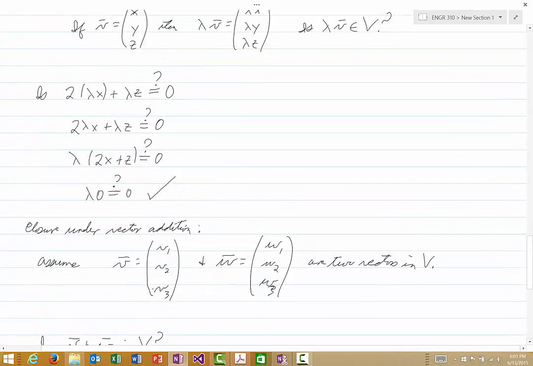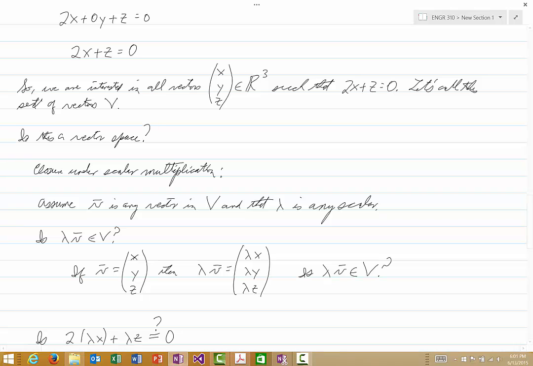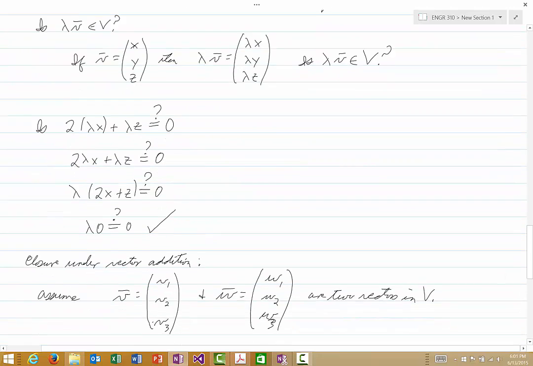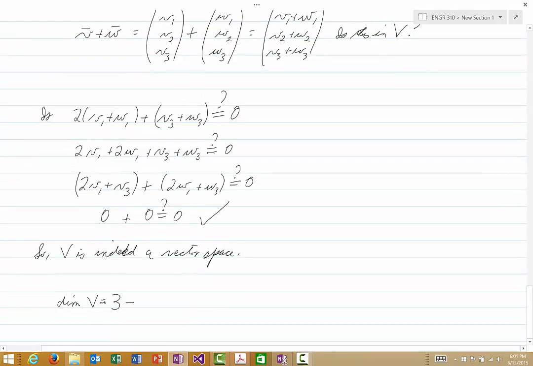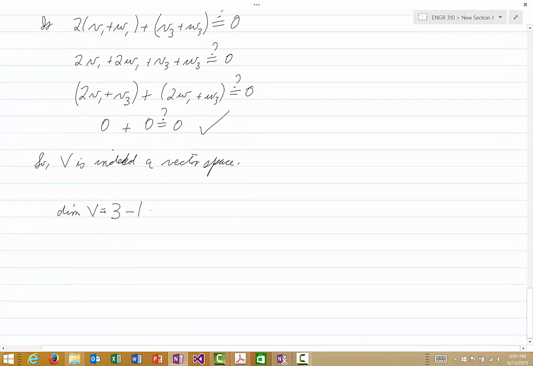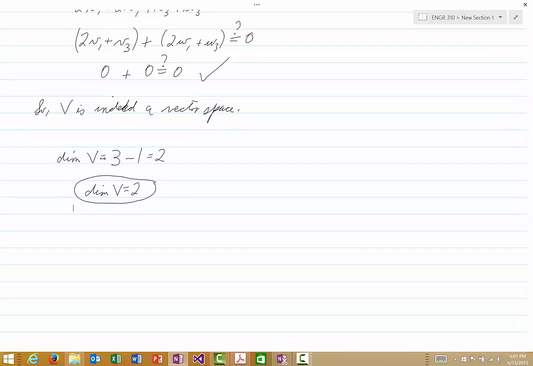And the number of constraints, remember, V is all vectors in R3 with just this one constraint, 2x plus z is equal to 0. So the dimension of V is 3 minus 1, or 2. The dimension of V equals 2, and therefore any basis for V will have two linearly independent vectors in it.